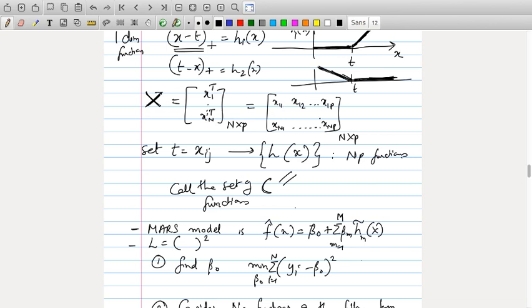So training data determines t by default. I said set t equal to xij, and you'll get NP such functions. If you take t to be xij, then the x itself is xj.